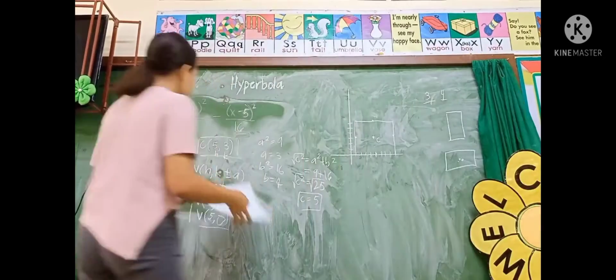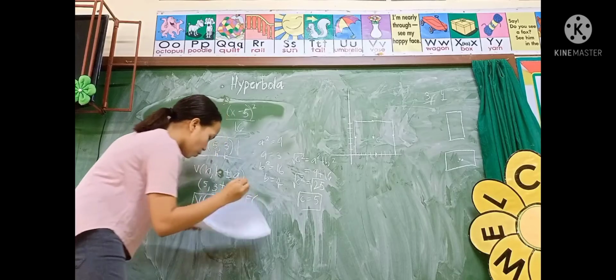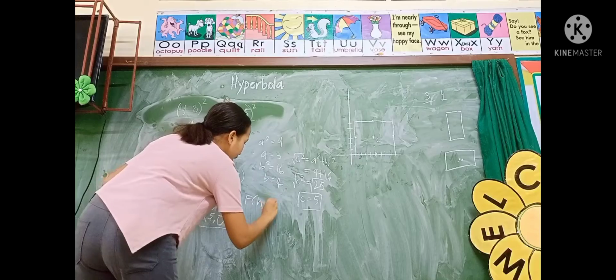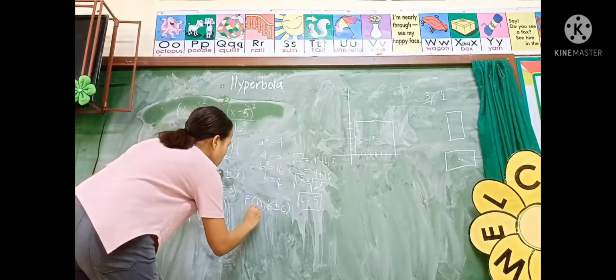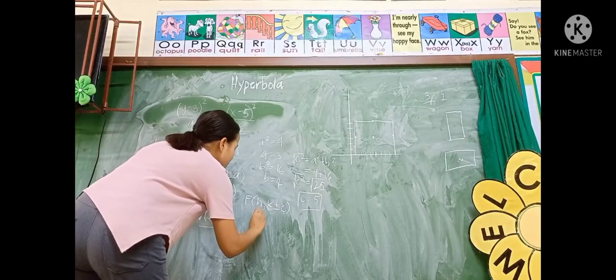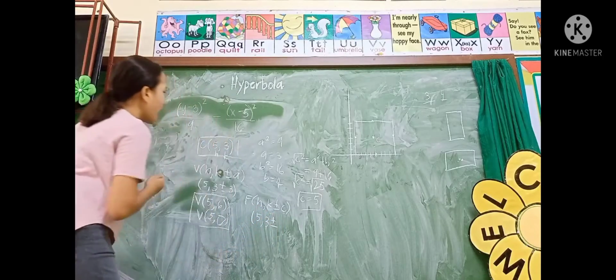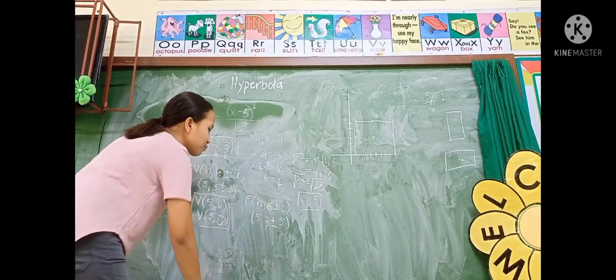Next is to find the focus. To find the focus, we have focus is H, K plus minus C. So let's substitute the given value. So H is 5, and then K is 3, and then plus minus. Ang ating nakuhang C ay 5, so let's copy 5 here, and then simplify.